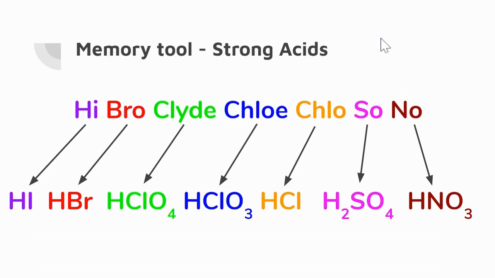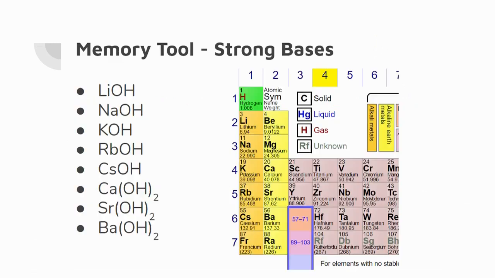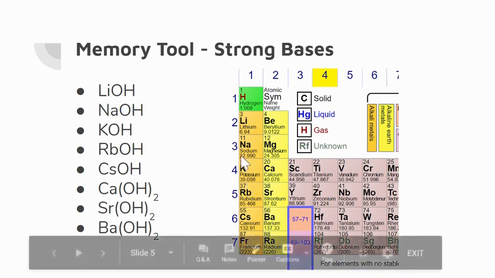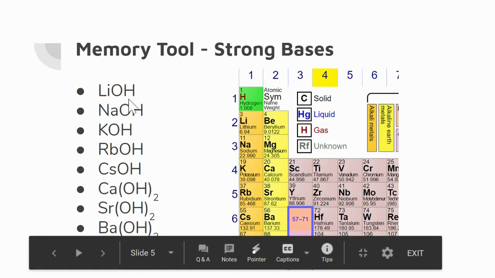There are all kinds of memory tools. You're welcome to come up with your own, or you can search the internet for some of the ones that other people have used. For our strong bases, it's a little easier because there's 8 of those. We know that they all have a hydroxide. And if you look at your periodic table, they all come from group 1 and 2. So they're all here in group 1 and 2, and then we slap a hydroxide on the end.